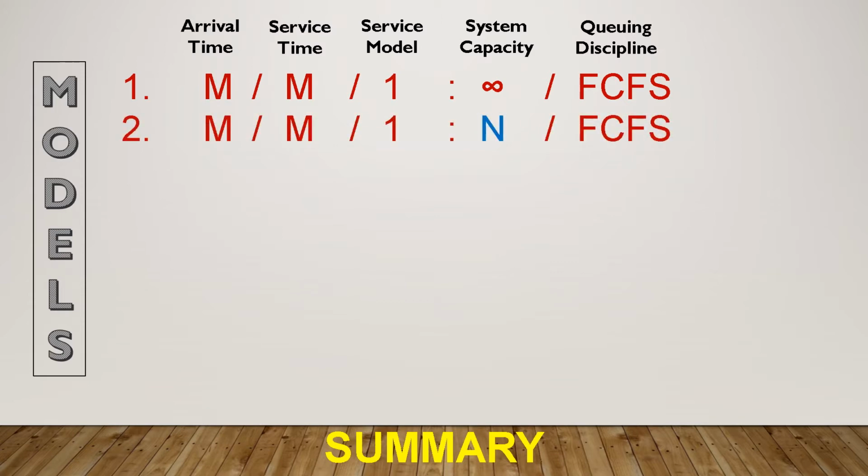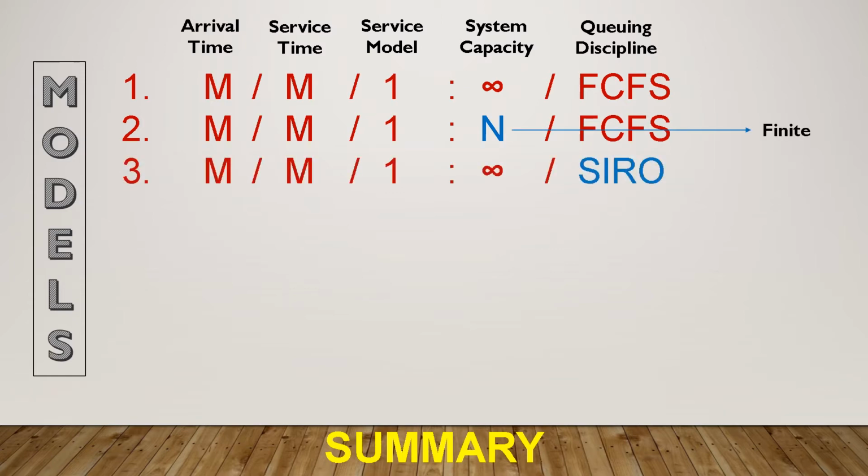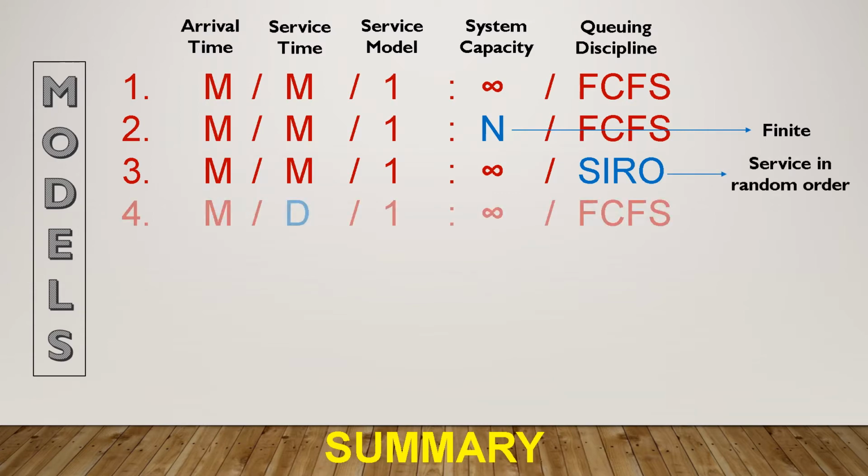The second model differs from the first model in the system capacity, which is finite. Then the third model differs from the first and second models in the queuing discipline, SIRO, which is service in random order.